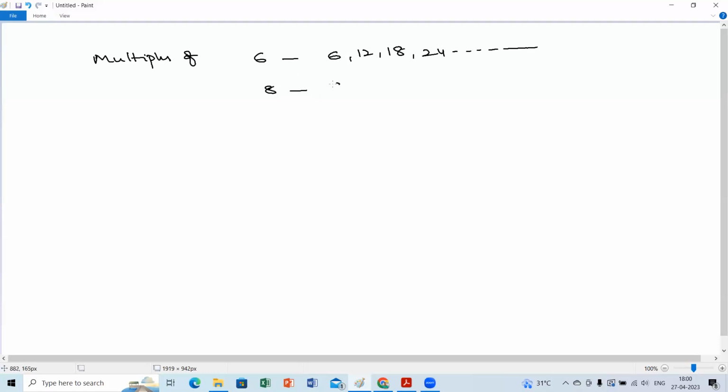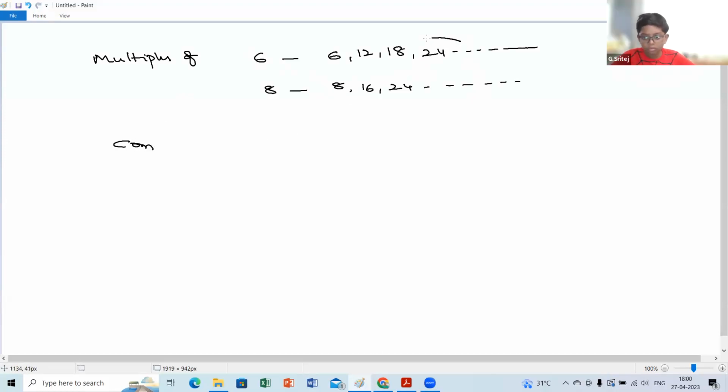What are multiples of 8? 8, 16, 24. Once you are getting the first common multiple, these are multiples of 6 and 8, right? So which is the common multiple? 24. First common multiple, 24.